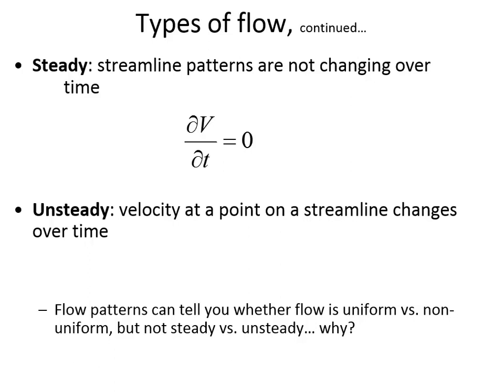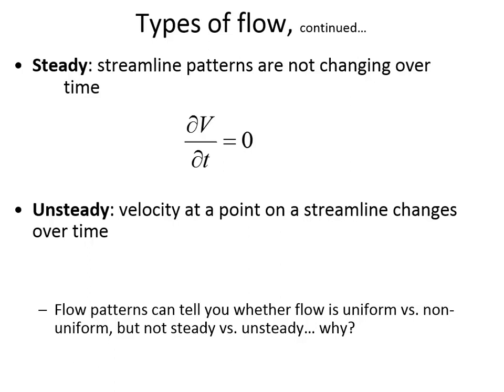That would help us to know if conditions were unsteady. So if we had a river and we were looking at the water elevations, and maybe at 8 a.m. this is the water, and then at 10 a.m. this is the water elevation. From that time-lapse we could tell there are unsteady conditions because the velocity or the depth, some component of the flow, is changing over time.